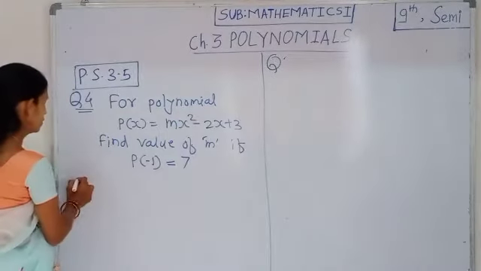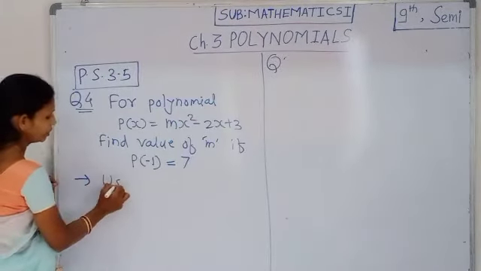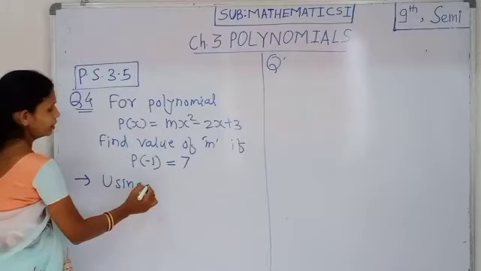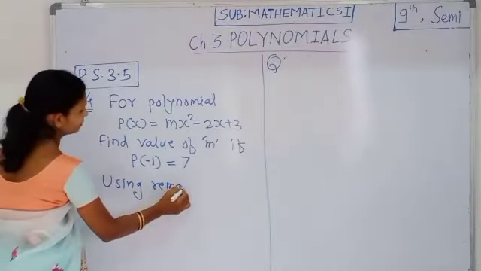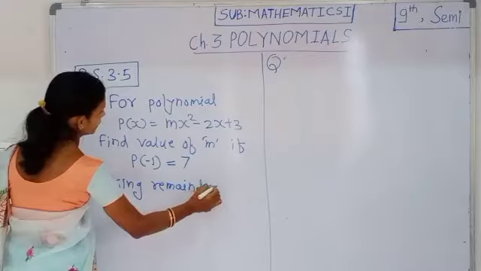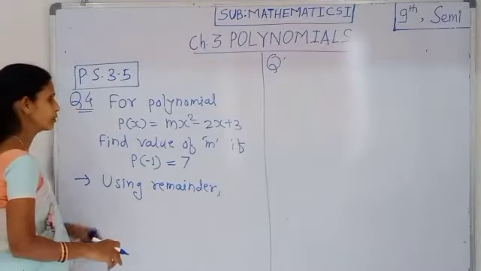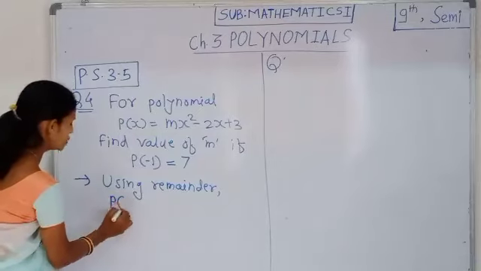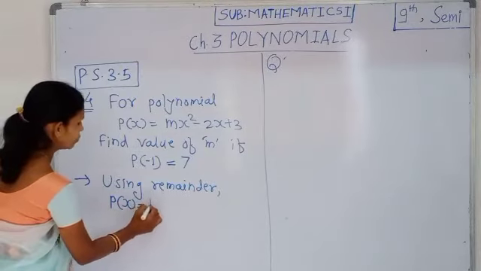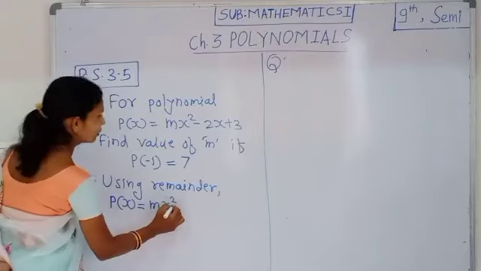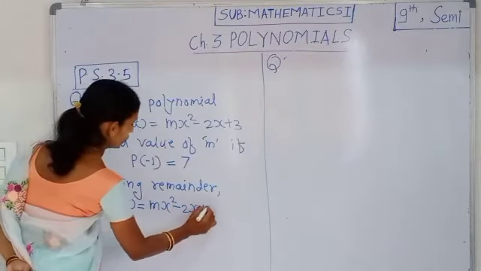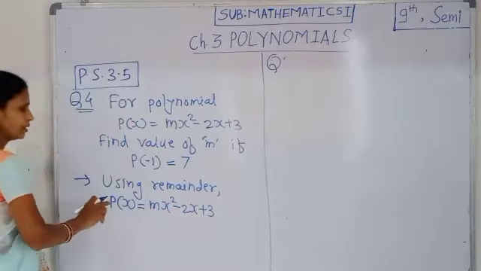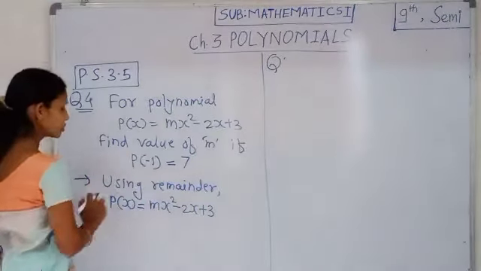Then using the remainder theorem we have to find the value of m. The polynomial given is p(x) = mx square minus 2x plus 3, and p(minus 1) equals 7.